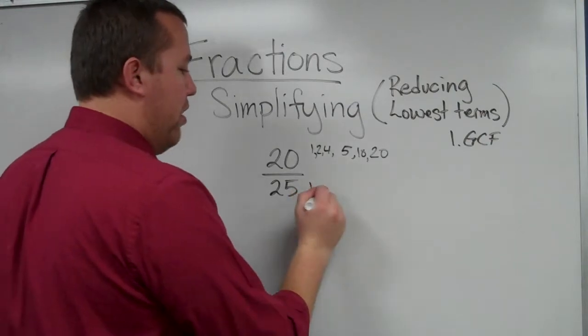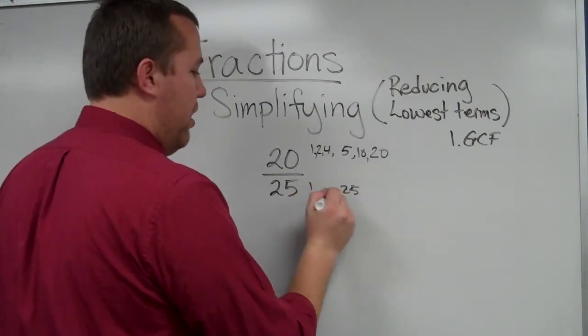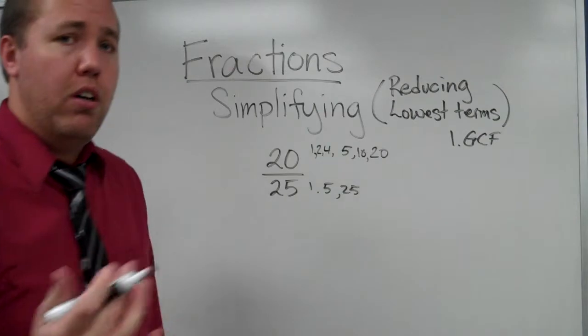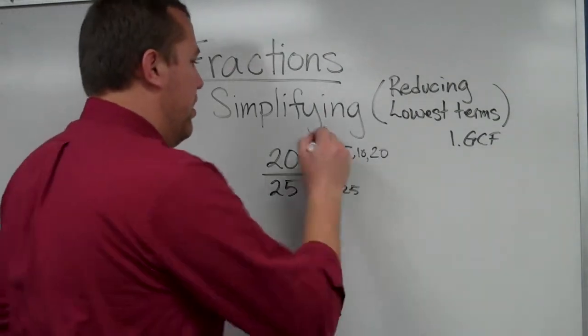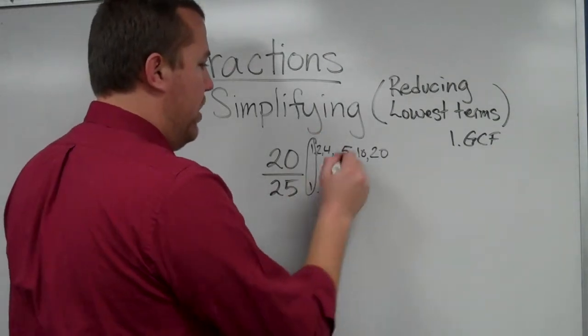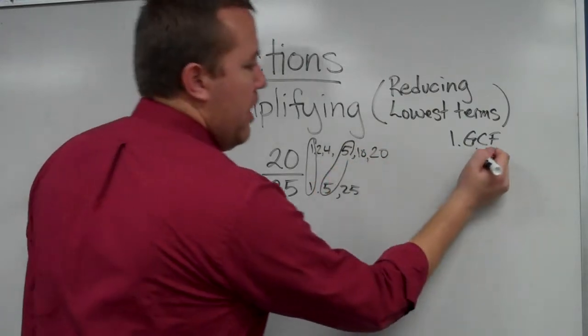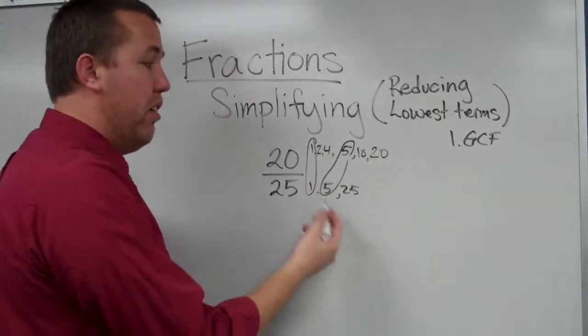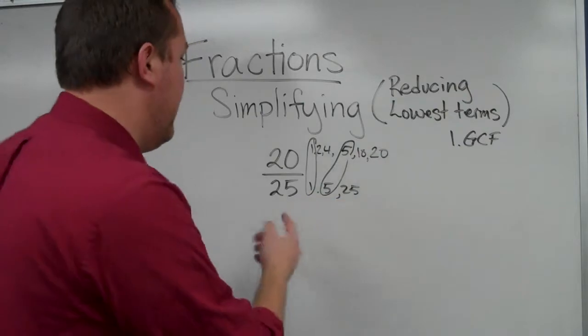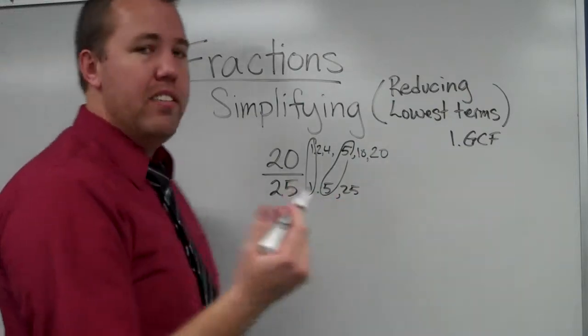And of 25: 1 and 25 and 5. Now we find what's common, 1 and 5. The greatest one is 5. So the greatest common factor of 20 and 25 is 5.